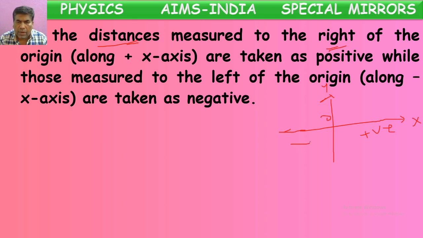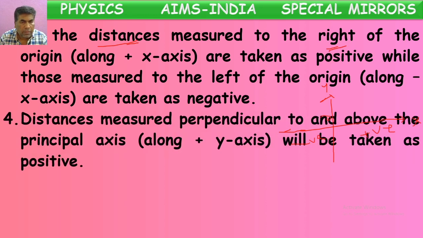Left of the origin is negative. Next, if I take the y-axis, above the principal axis values are taken positive. Below the principal axis, values will be taken negative.